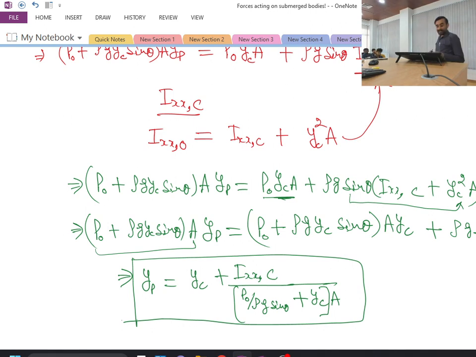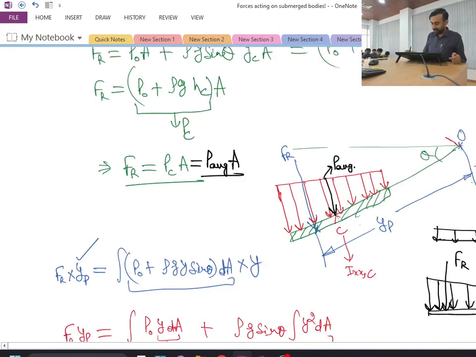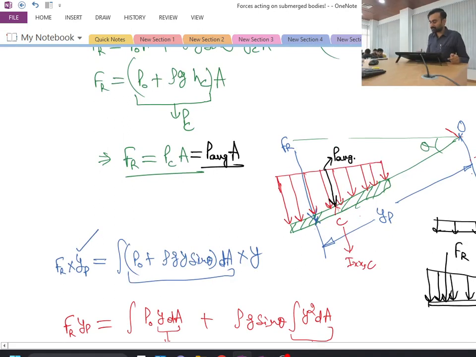If you see, this line of action of the resultant force is nothing but yc plus some quantity. So it means it is lying on the downside of yc. Is this point clear? This particular point where we have defined the total line of action of the resultant force is called the center of pressure.